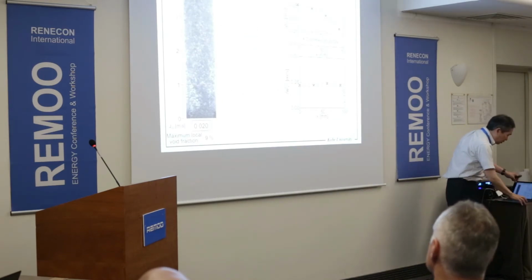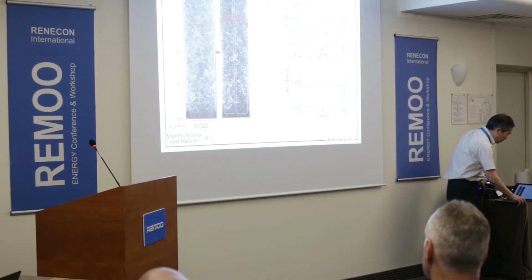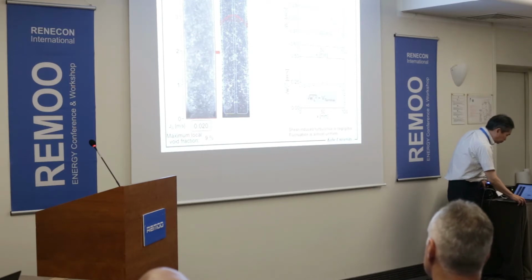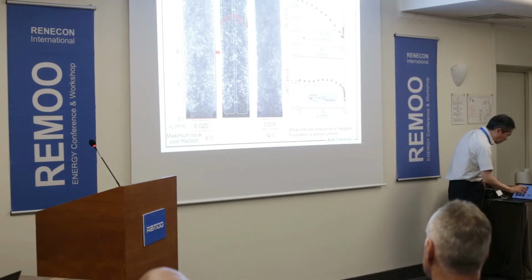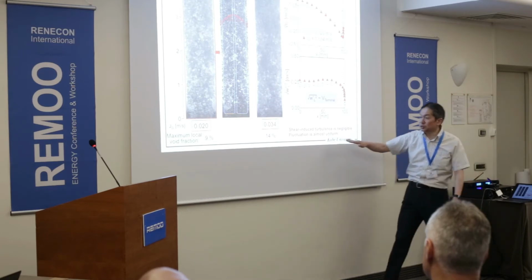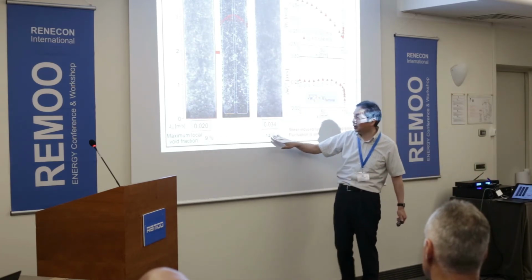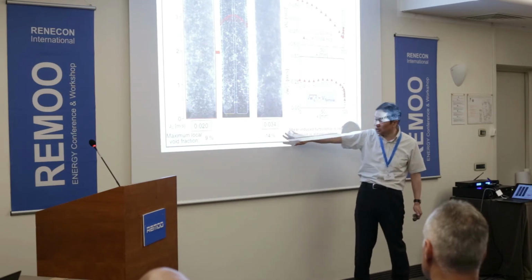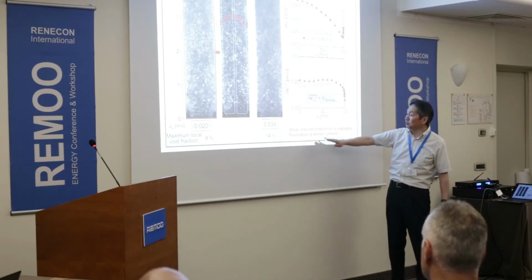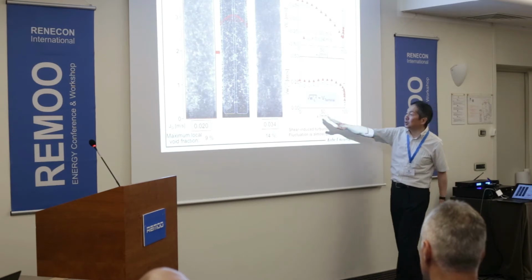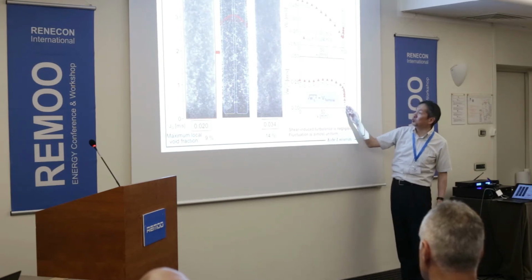Anyway, I don't talk about the accuracy of things like that, but I just want to show you the results. We did the experiment under two different conditions, a relatively low void fraction condition and a little bit higher mean void fraction condition. This is the column center and this is the column wall.